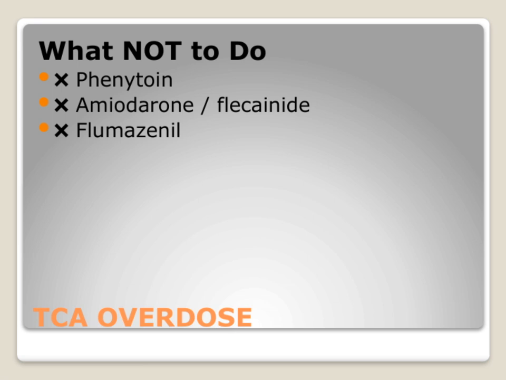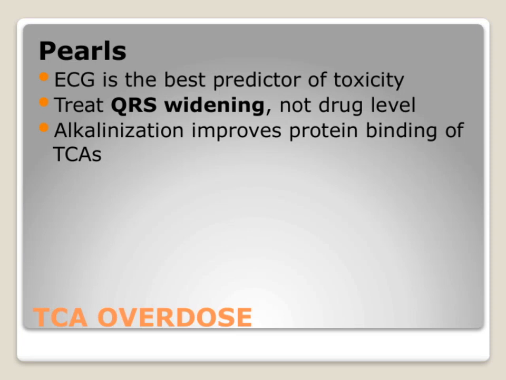The key takeaway here is that these medications are either ineffective or potentially harmful when managing TCA overdose. Remember, understanding what not to do is just as important as knowing the correct treatments, as it helps us avoid worsening the patient's condition.